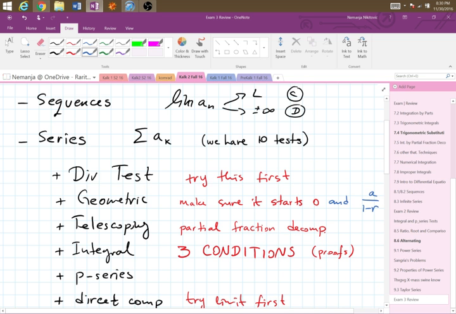If the question for geometric series says test for convergence or divergence, no one asked you for sum, so it doesn't matter at which number it starts. You don't have to shift, you just say convergent or divergent because that's what the question asked for. But the question can also be test for convergence or divergence, and if it converges, find the sum.